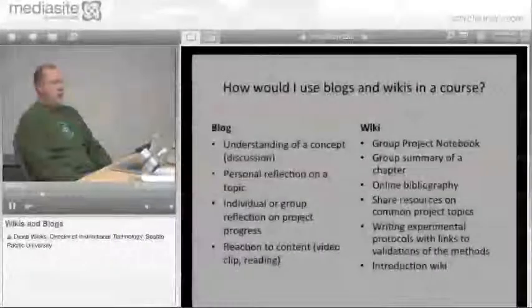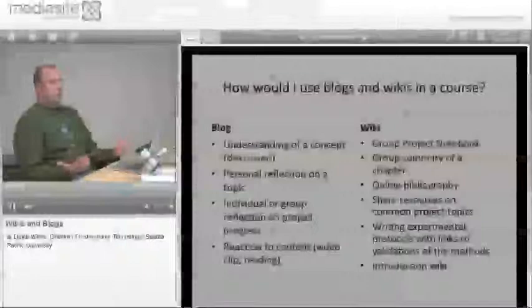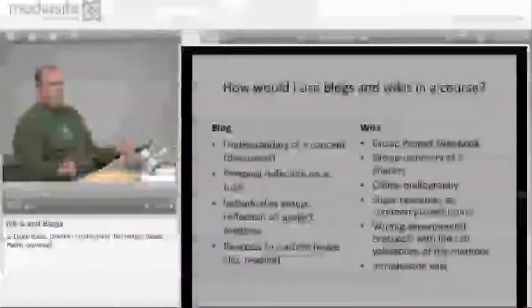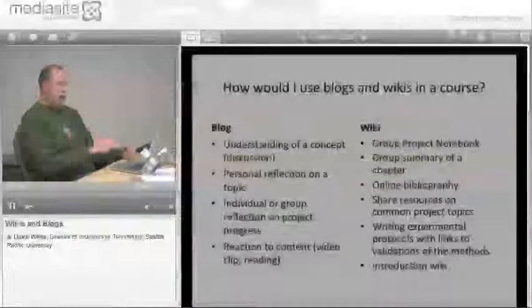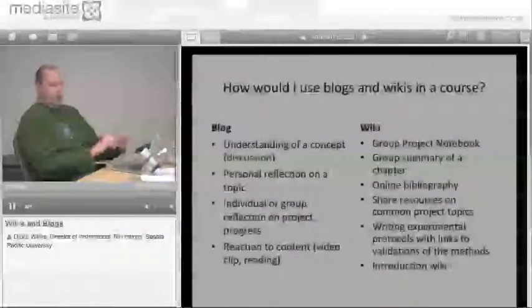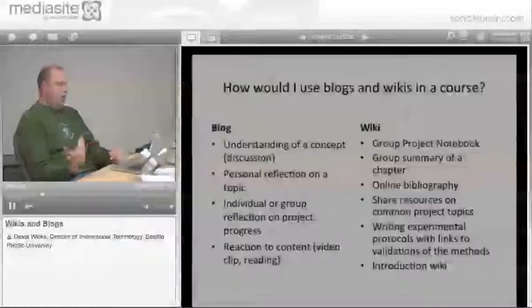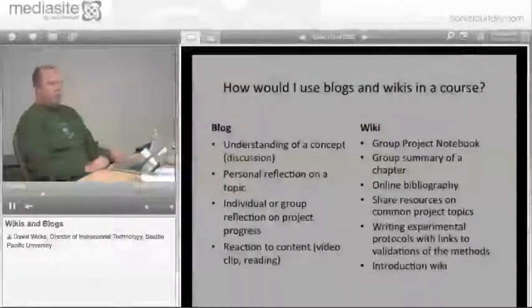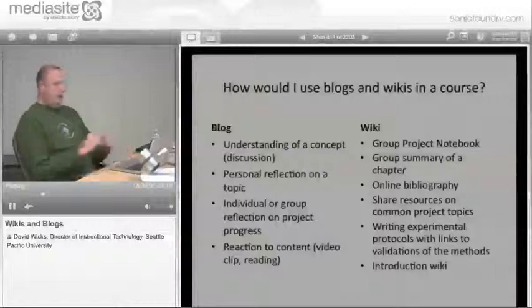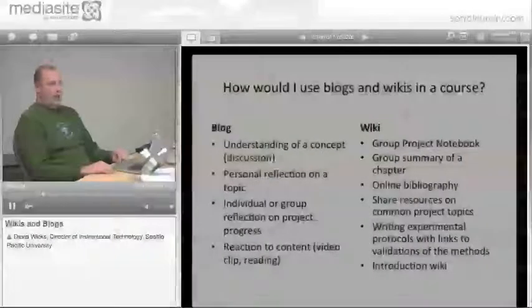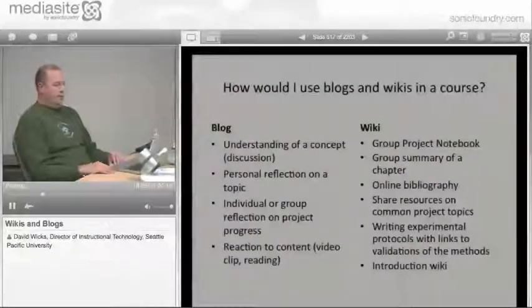And so the whole function of the wiki is to have this shared space where as soon as somebody finds an article, they post the information for it into the bibliography that everyone else has access to.